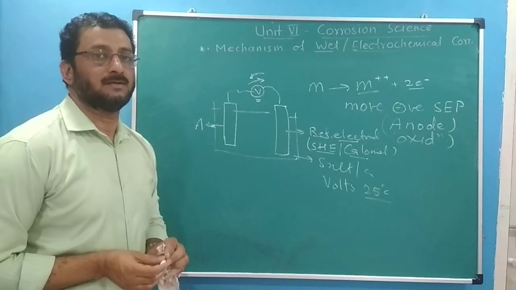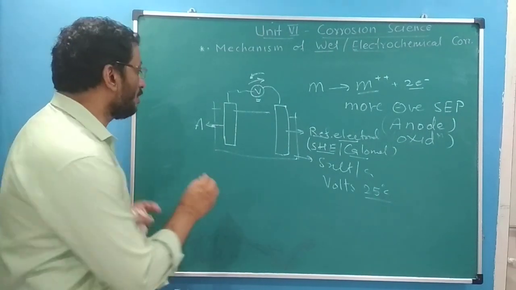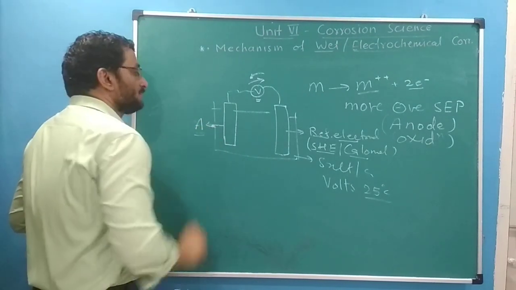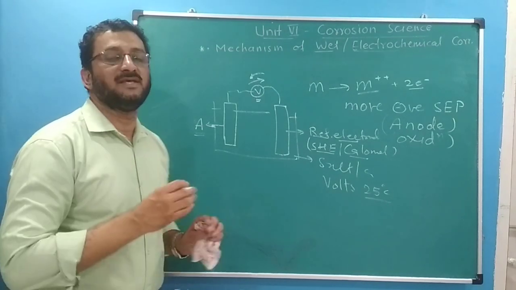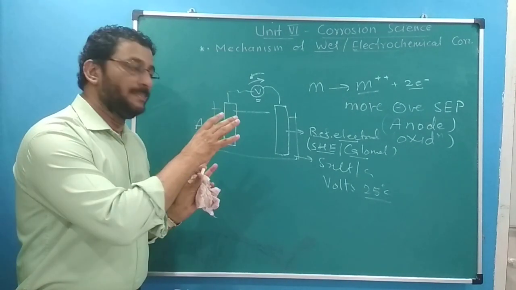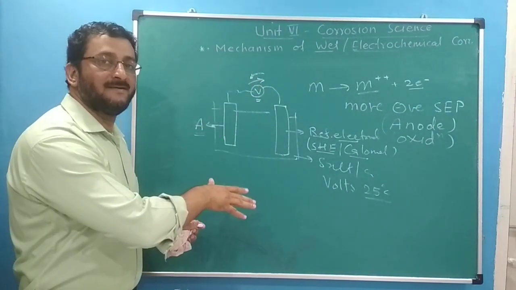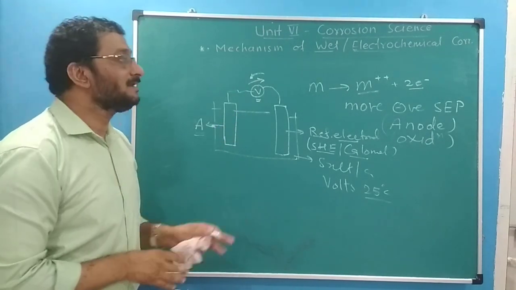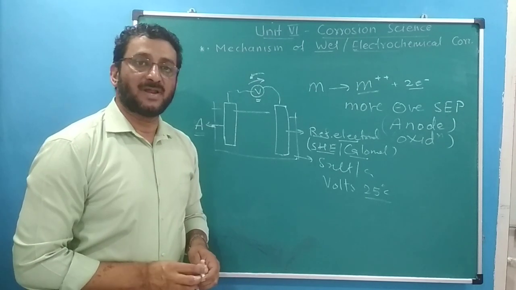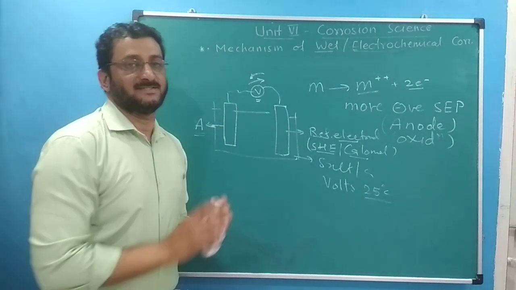So workers, meaning scientists, have recorded the standard electrode potential of almost all the elements, and they have arranged these elements as per their increasing value of electrode potential in different series.